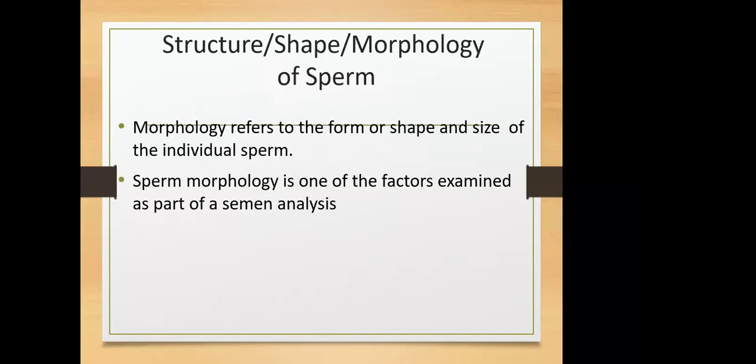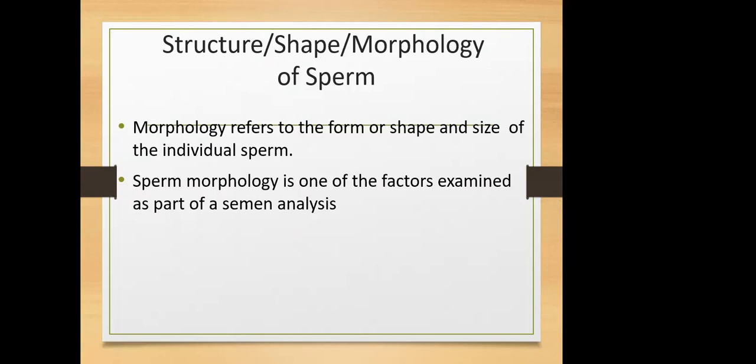Right. So morphology refers to the form, or the shape and size, and for that matter, the morphology of the sperm. So when you talk about morphology, you're talking about the form or the shape and the size, and probably, of course, the structure.